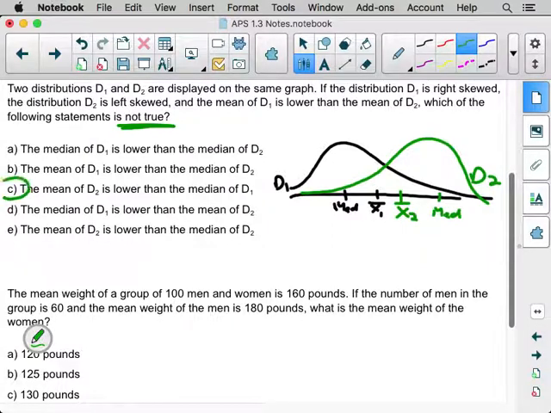Yeah, I would say I'm seeing C. The mean of D2 lower than the median of D1 is not true. Everything in D2 is greater than anything in D1, right? Of those two elements we're talking about.